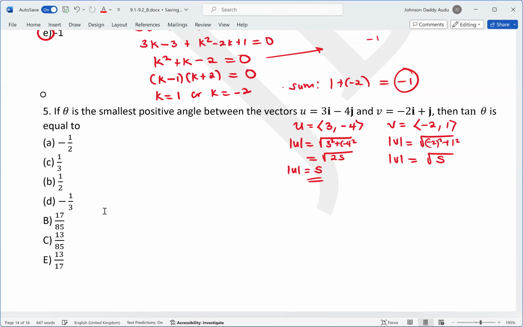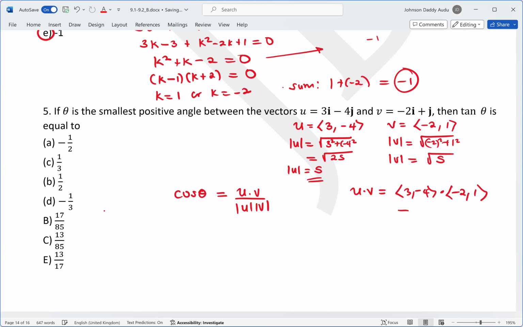So what else can we say? We can find cosine. Remember, we use this formula. Cosine theta is u dot v over the product of the magnitudes. So first of all, let's find u dot v. U dot v is just 3, minus 4, dotted with minus 2, 1.